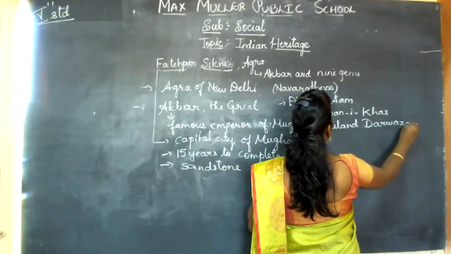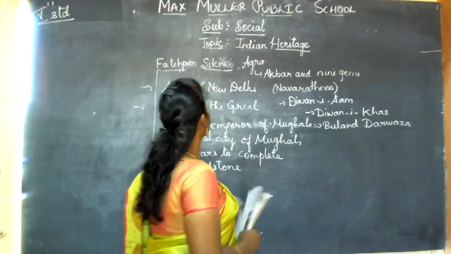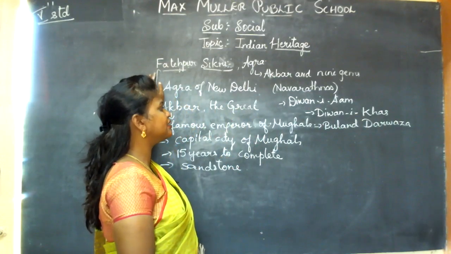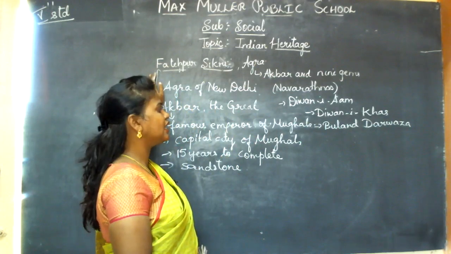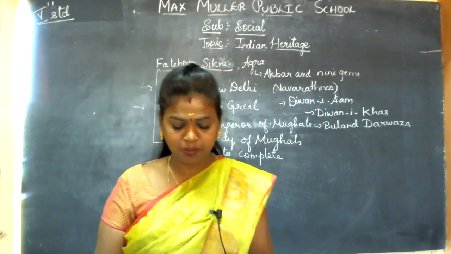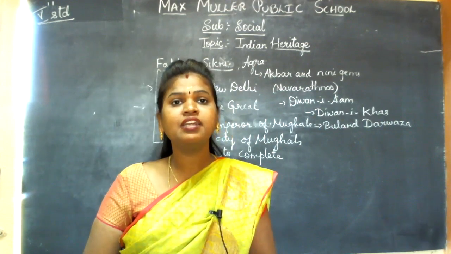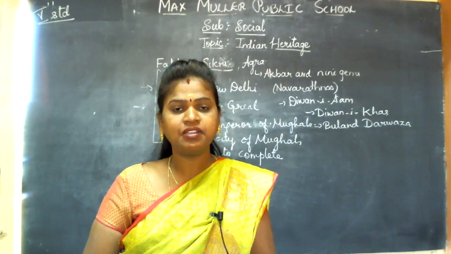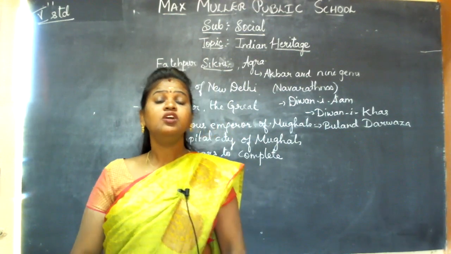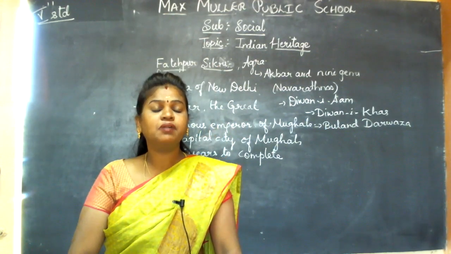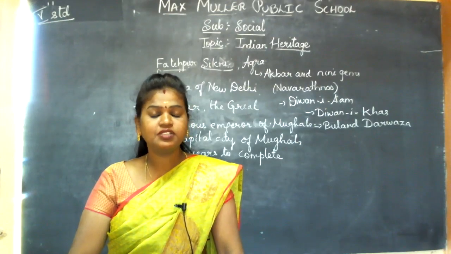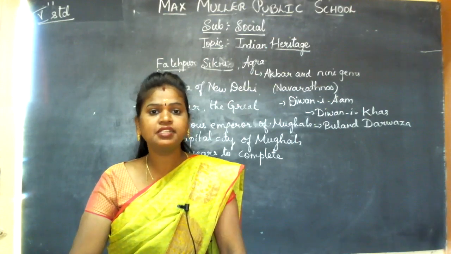So these are the three places where you can see inside the Fatehpur Sikri city, which is located in Agra. It was built by Akbar the Great, and this was the capital city of the Mughal emperors. In this fort, Akbar and his 9 gems or Navaratnas lived. So this is about Fatehpur Sikri.